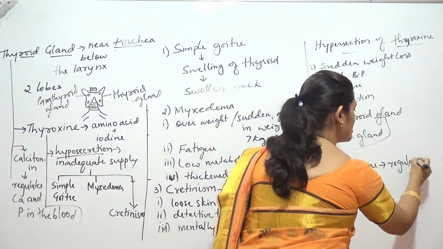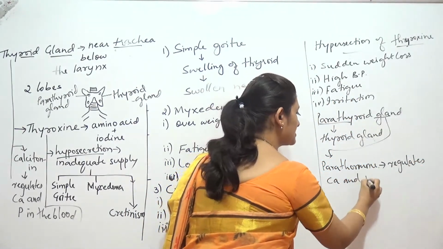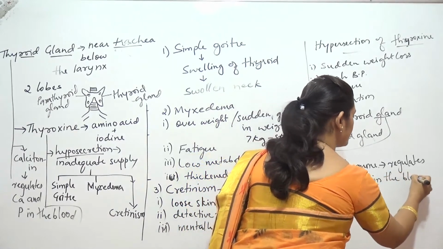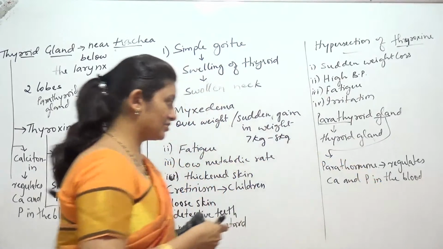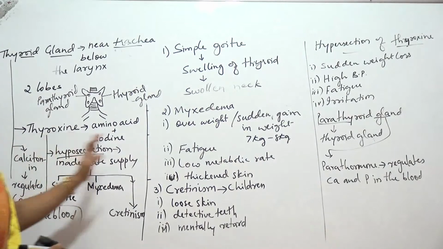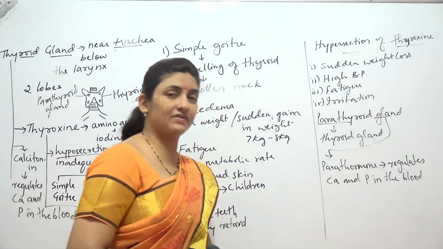Parathormone also regulates the calcium and phosphorus level in the blood. The same function again.